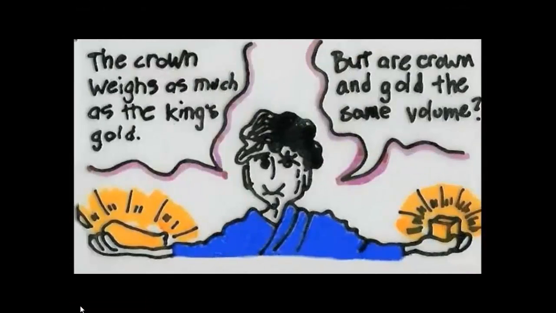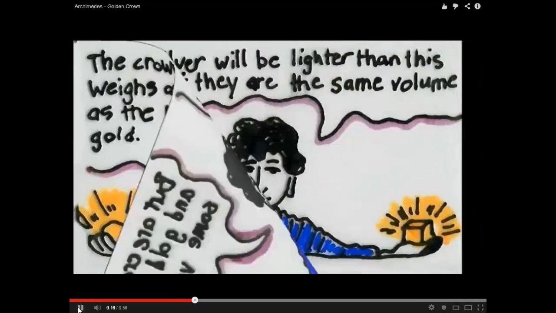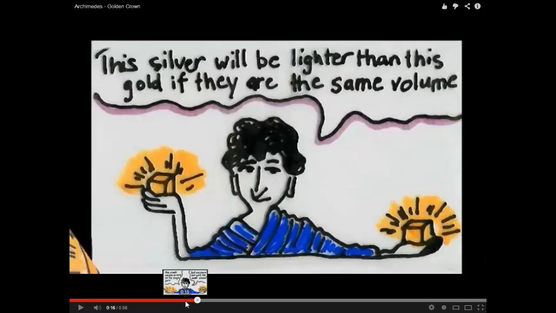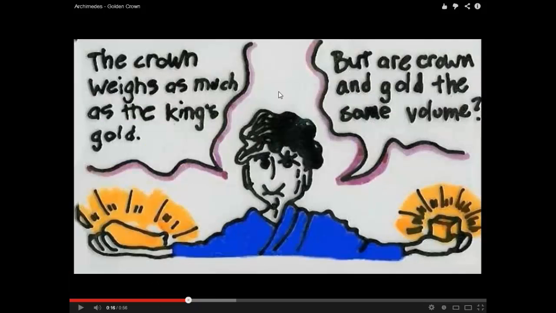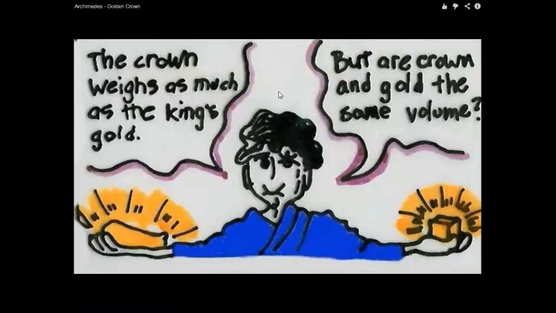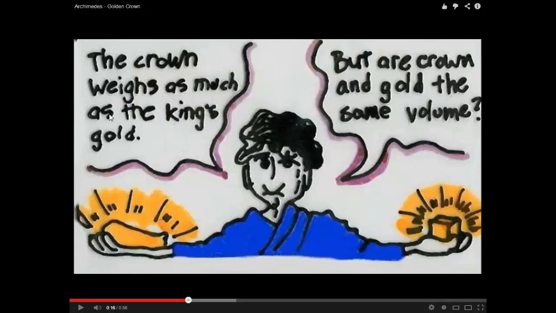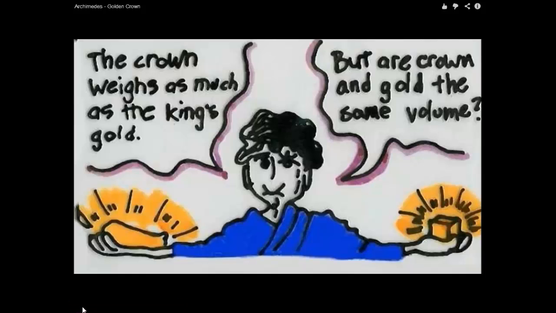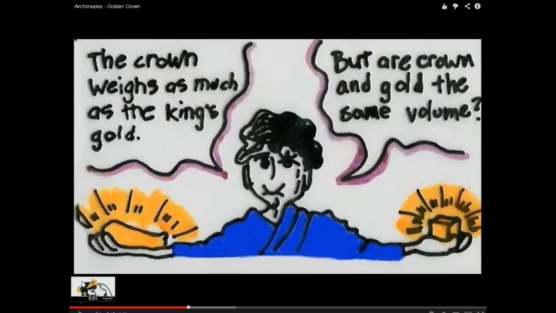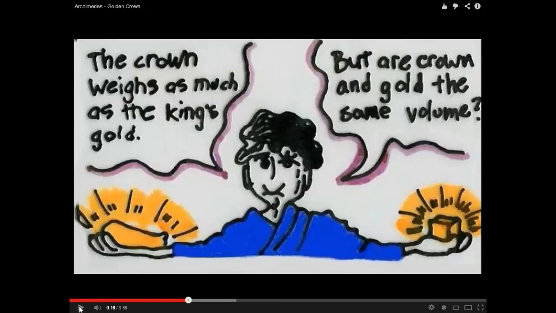So he was thinking that if he figured out how much gold was in the same mass as the king's, it should occupy the same volume. So he had an equivalent amount of gold as the crown. He wanted to compare it. If they had the same volume, then they'd both be gold. If they didn't, well, that means the goldsmith cheated the king.